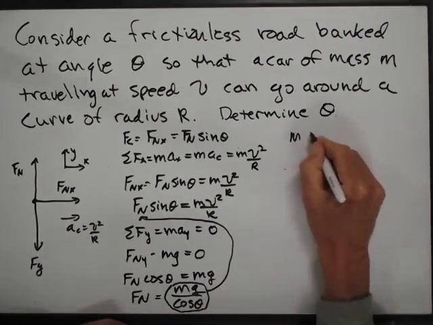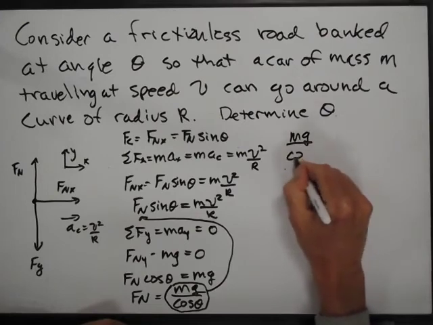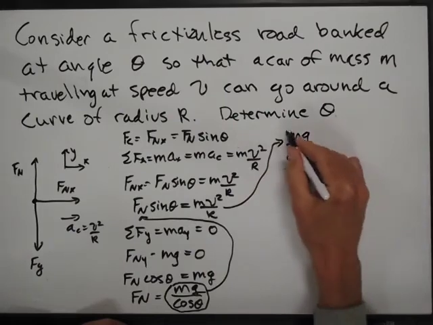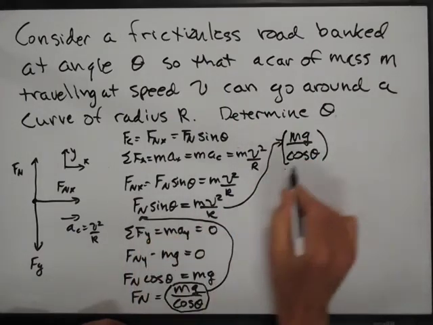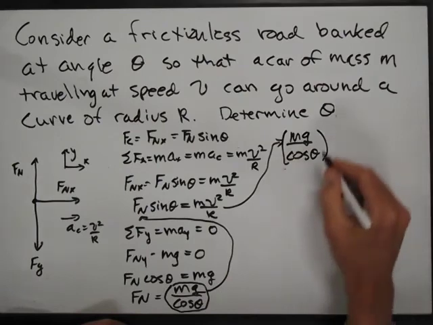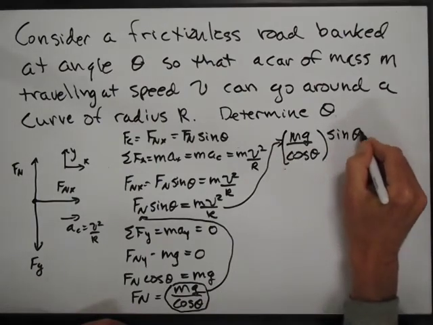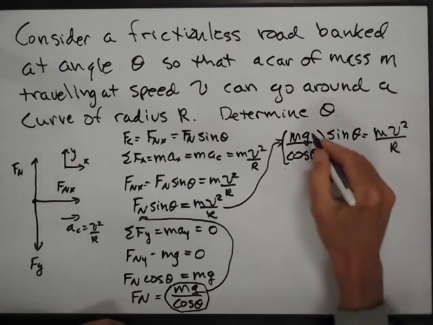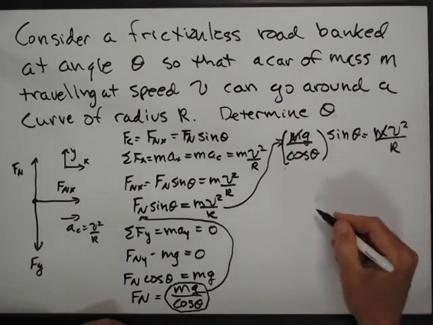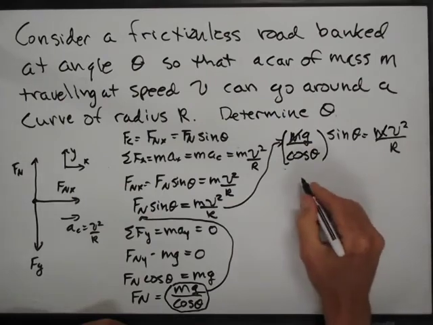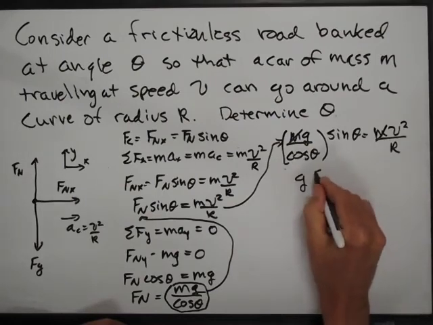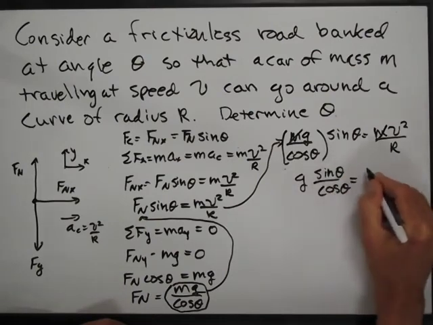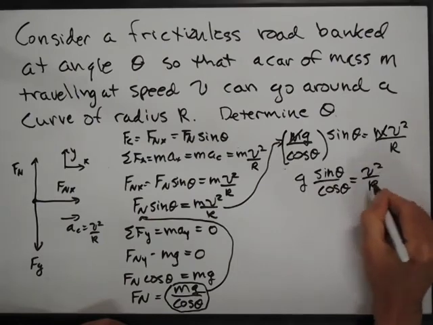So now I can write mg over cosine theta, that's this piece, times sine of theta is equal to m v squared over r. A few things happen. The masses go away, as they often do, and I get g times sine theta over cosine theta is equal to v squared over r.